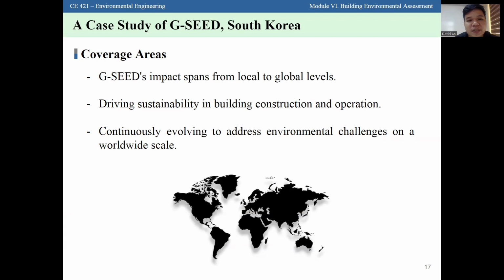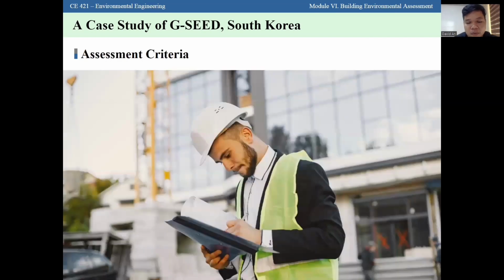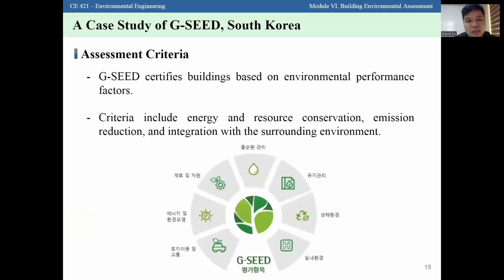The GSEED impact spans from local to global, which means that it's not only applied in South Korea but also in some other countries around the world, driving sustainability in building construction and operation and helping address environmental challenges on a worldwide scale. And now let's move to another main topic here, which is the assessment criteria.